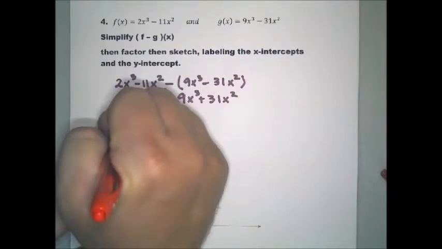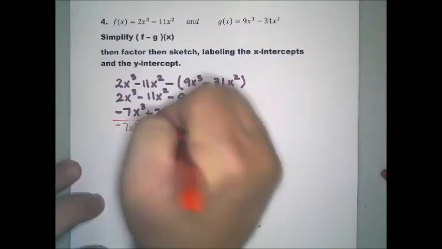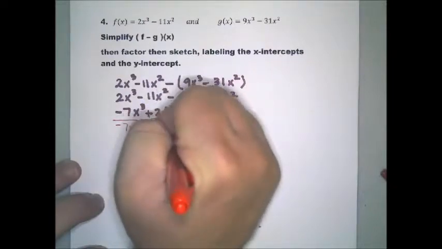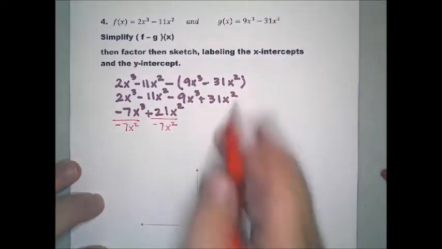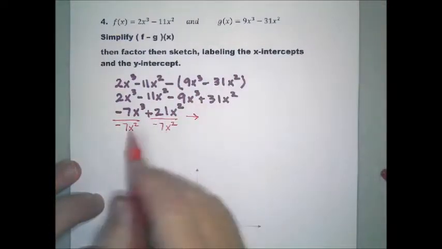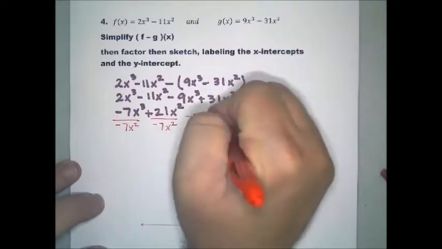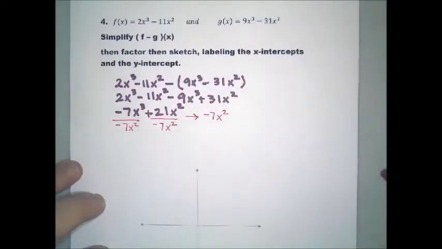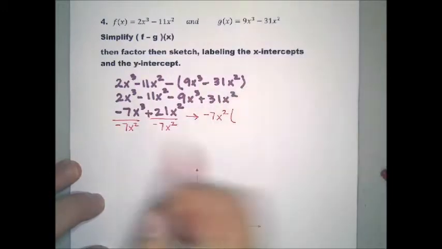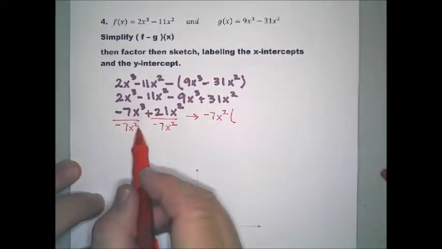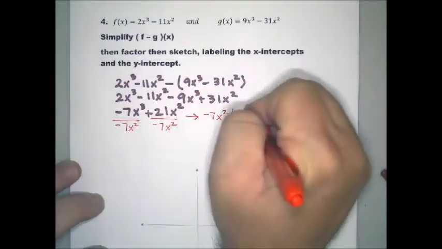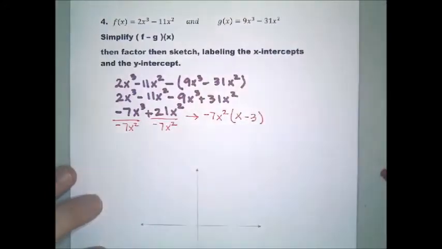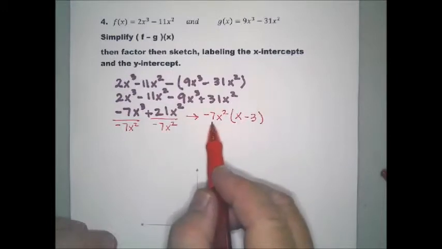So I'm going to factor out a negative 7x squared because that's the common factor. What was left was simply an x in this first term, and then a minus 3 to end with. Now, this is the problem in its fully factored form.